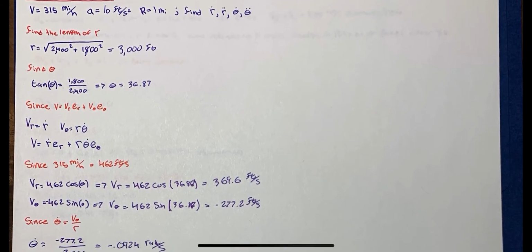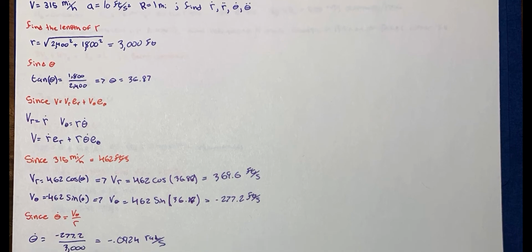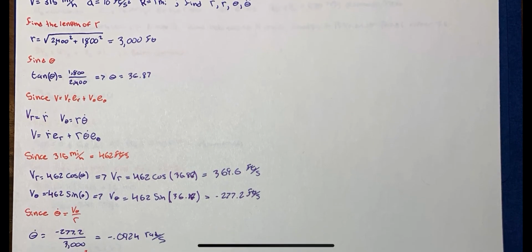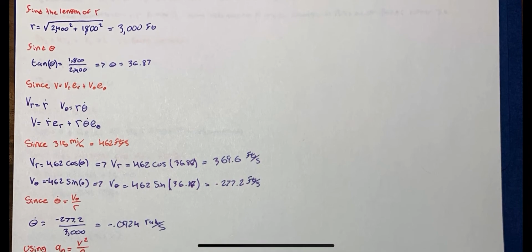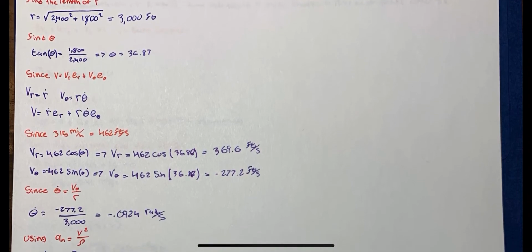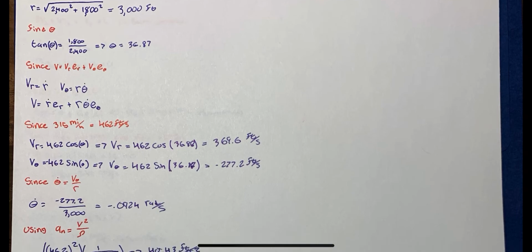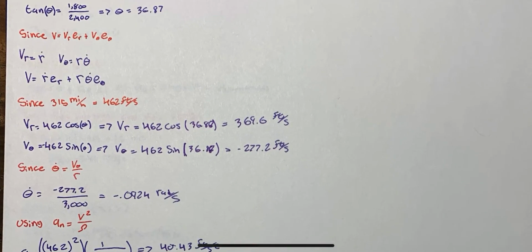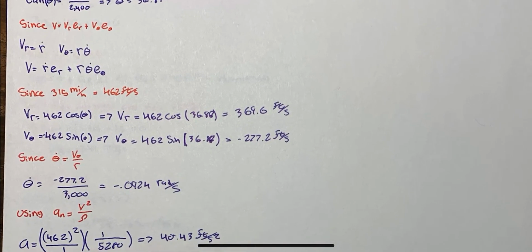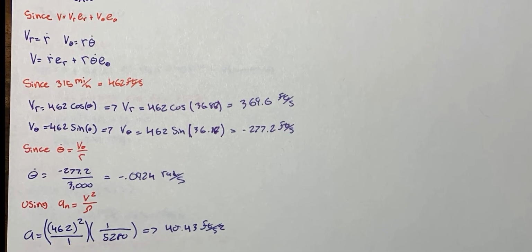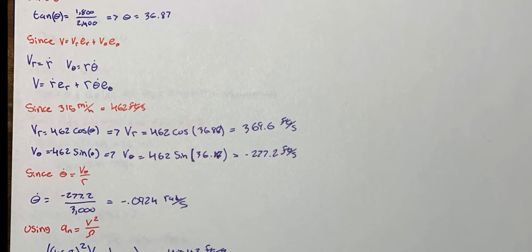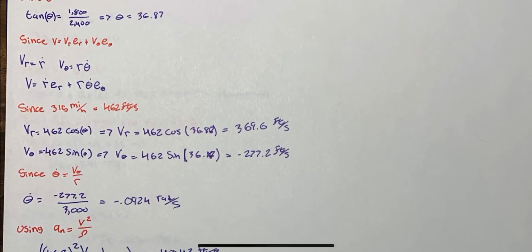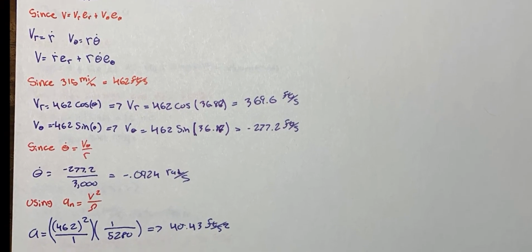First step you'll need to do is figure out r, because it's not given, but you can figure it out. It's 30,000 feet. And you can find theta from that, just some simple trigonometry. And since we know that velocity is equal to velocity of the radius times e_r plus velocity of theta times e_theta, we can derive these few equations for velocity.